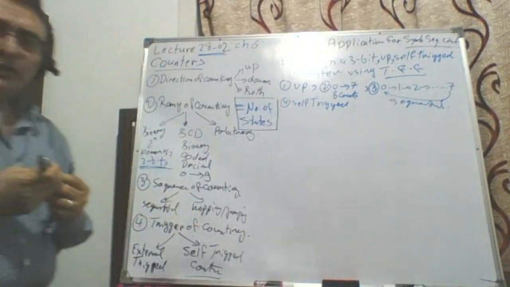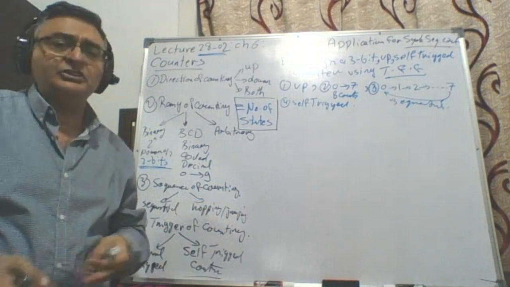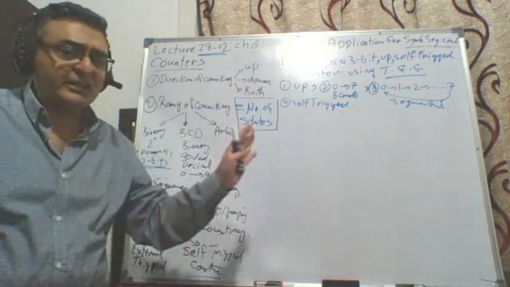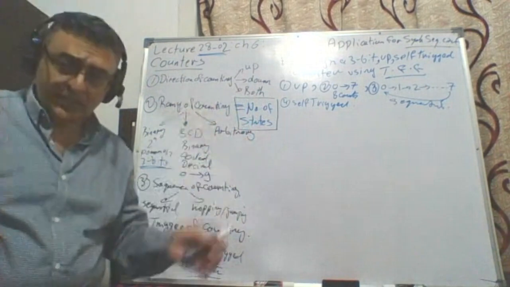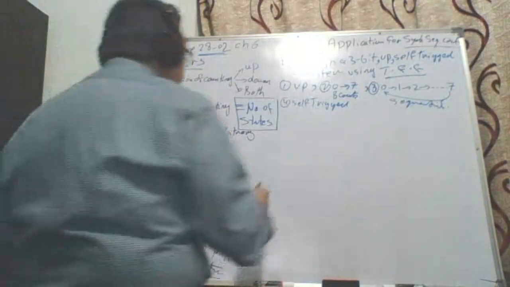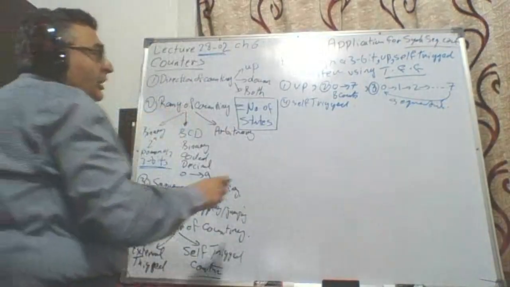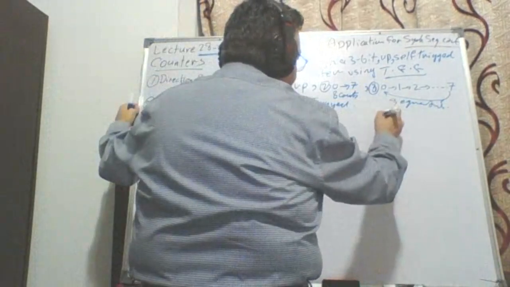If the counter range has 6 counts, whatever those 6 counts are, that means the counter has 6 states. So automatically, from answering question number 2, I can start building the state diagram.